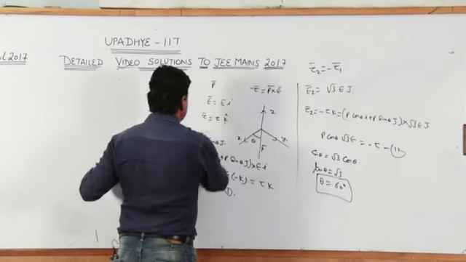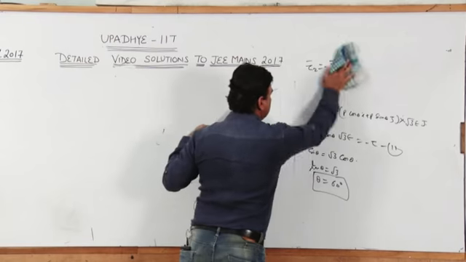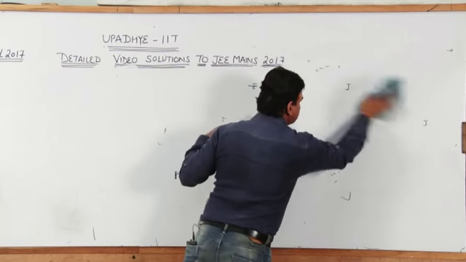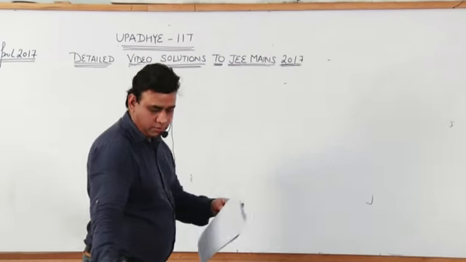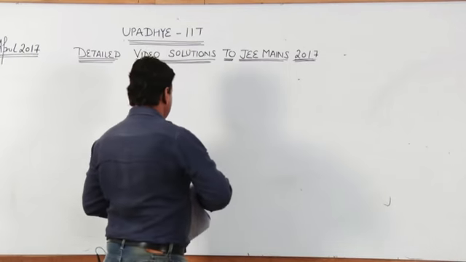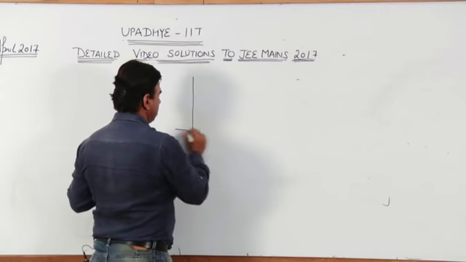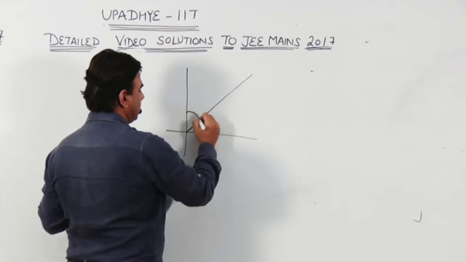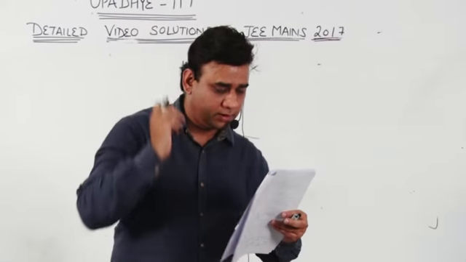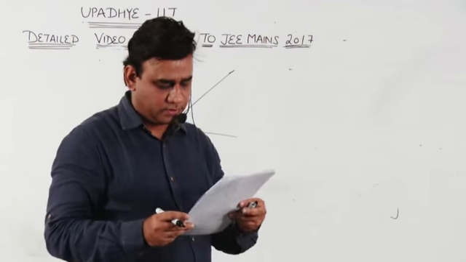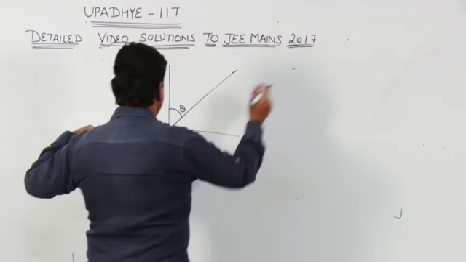Question 77 is based on torque again, but from the mechanics side. In this question, there is a rod resting against a vertical wall and making angle theta with the vertical. We have to find the angular acceleration.